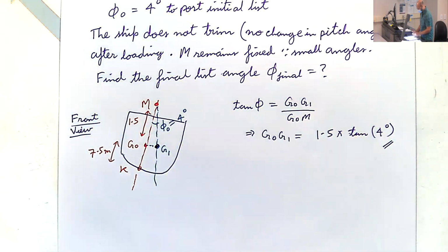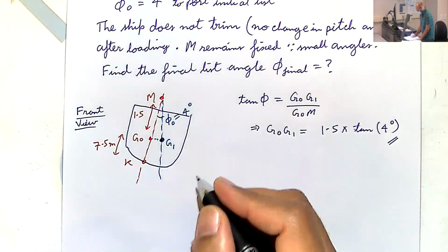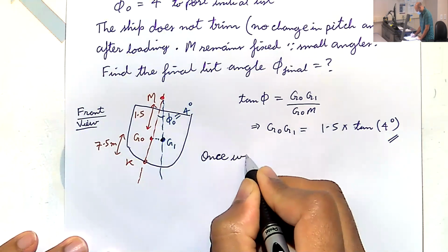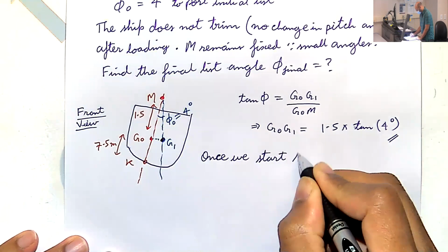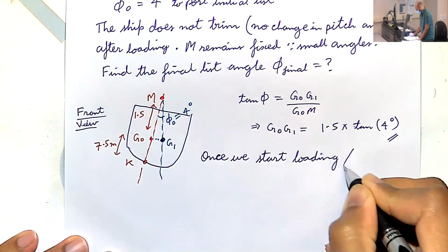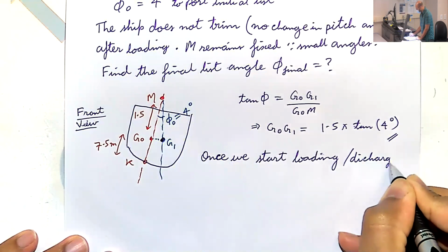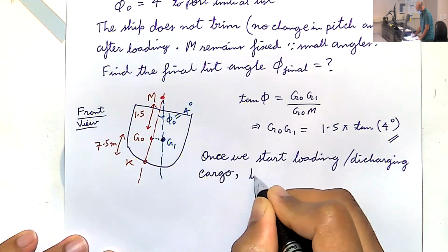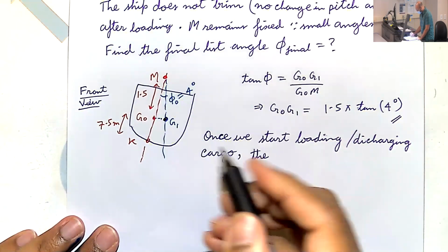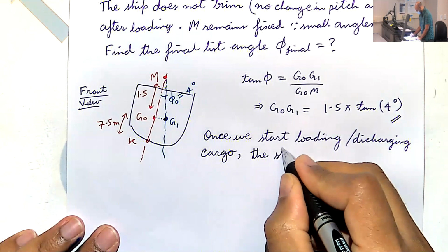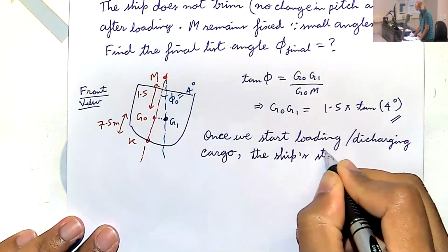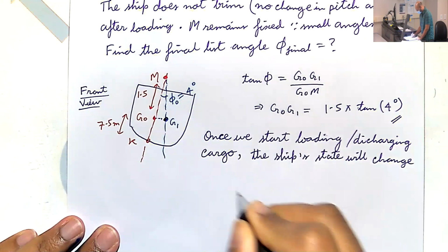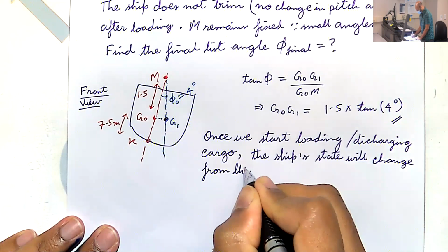This is before we have done any loading or unloading. So once we start loading and discharging cargo, the ship's state will change from this initial condition shown here.